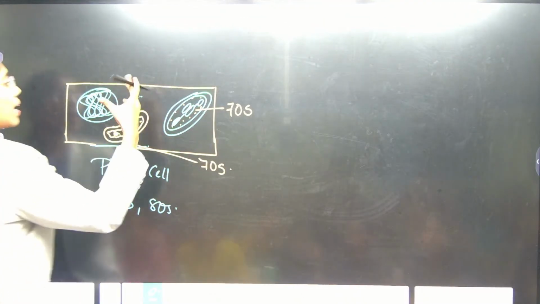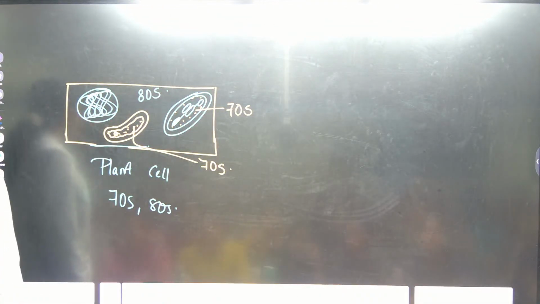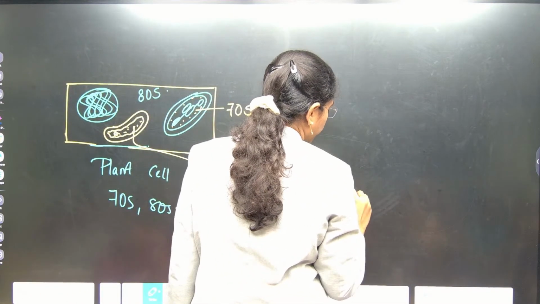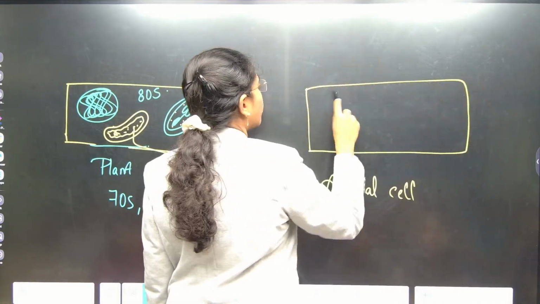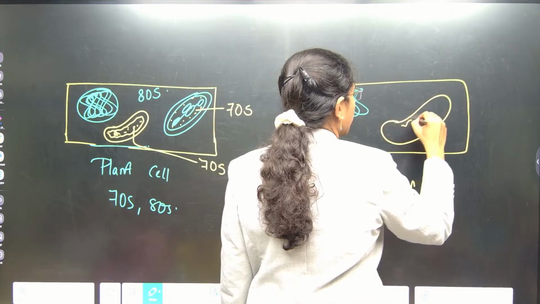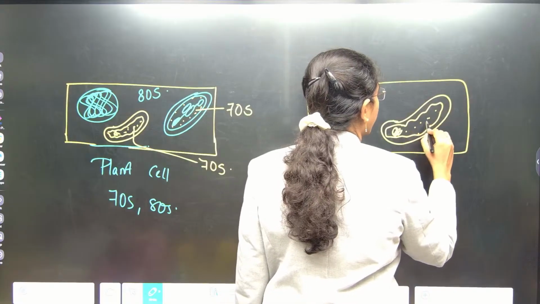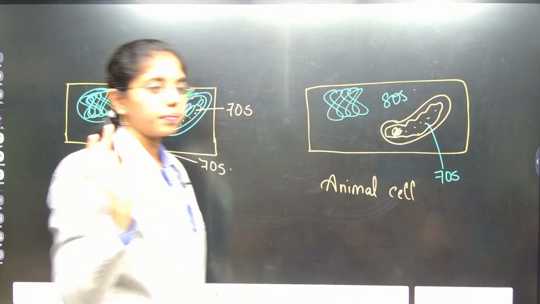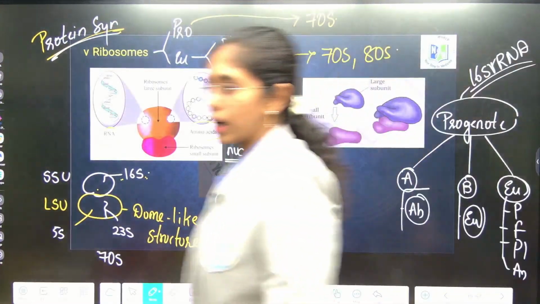In the cytoplasm, you have 80S. Same is the case with animal cell. Of ribosomes, their synthesis, and what are the subunits.